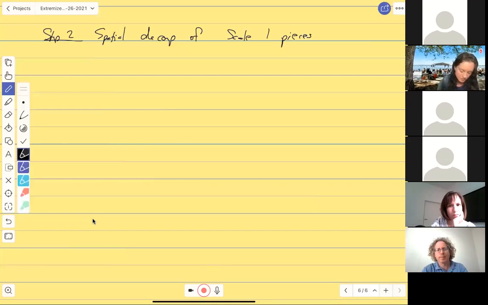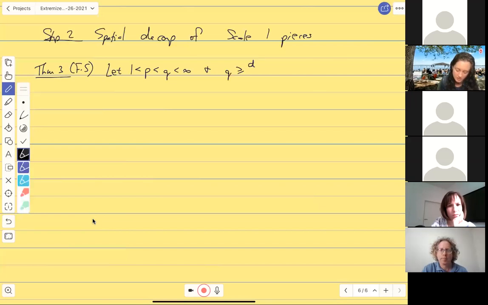And so we have theorem 3. Let 1 < p < q < infinity, and q greater than or equal to (d+2)/d times p prime. Let's say that we have a sequence f_n in L^p.